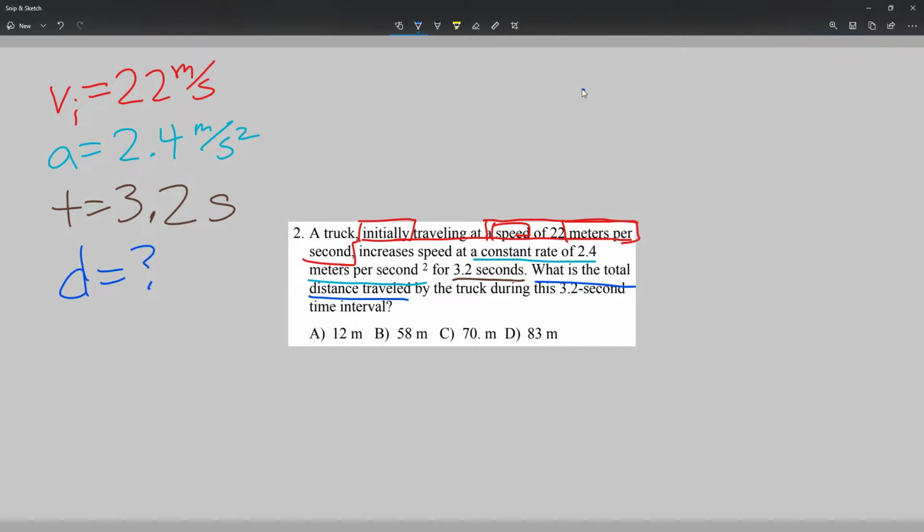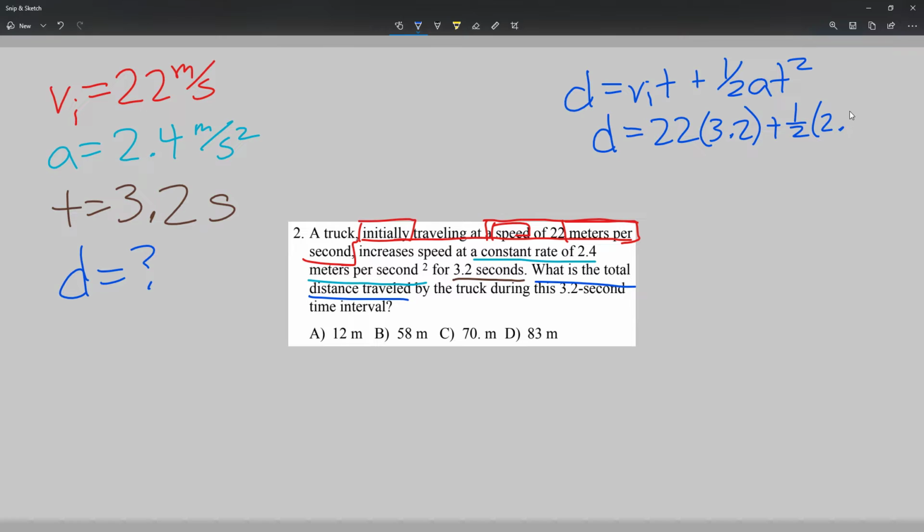So D is equal to VI T plus 1/2 AT squared. D is equal to VI, which is 22, times T, which is 3.2, plus 1/2 times 2.4 times 3.2 squared. Right, so 22 times 3.2, I gotta get a calculator now.